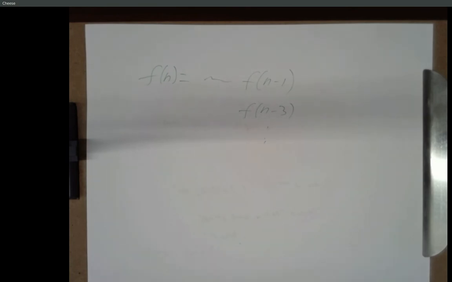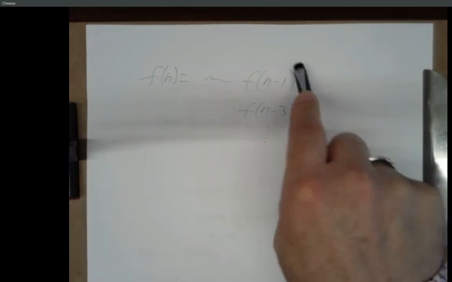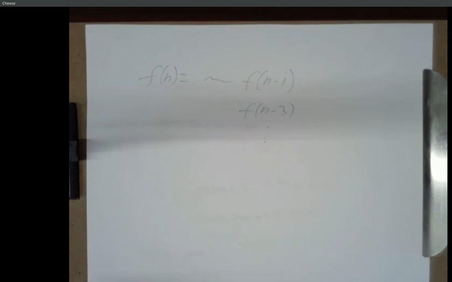It may be n minus 1 or n minus 3, or it may vary from situation to situation. But basically, when you can write a function as an expression of other values of that function, that's a recursive definition, right? And it parallels the idea of recursion, where to calculate a function, you call that same function inside itself.